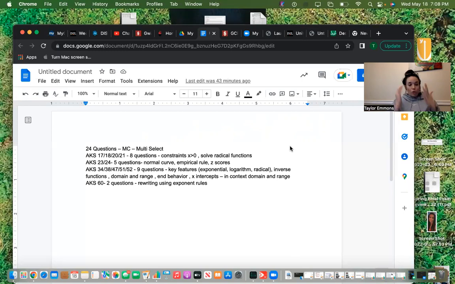Like, don't go negative infinity to positive infinity just because that's the only thing you know. Think about it in real world. You can't have negative numbers in the real world. Okay. Now, if it's a function and there's no context, there's no words or anything, there's no situation, then negative infinity to positive infinity would work. Okay. No problem.